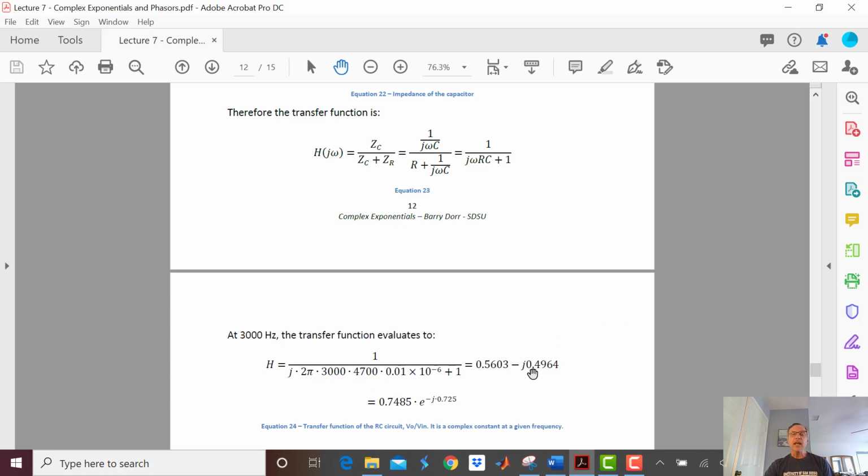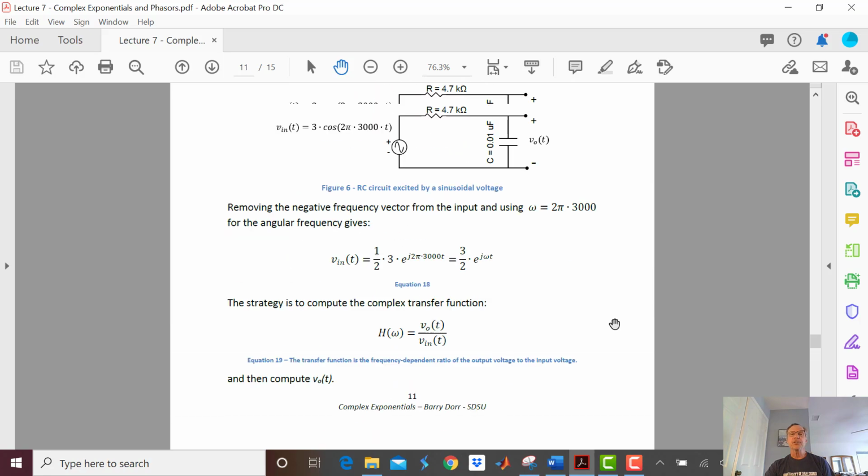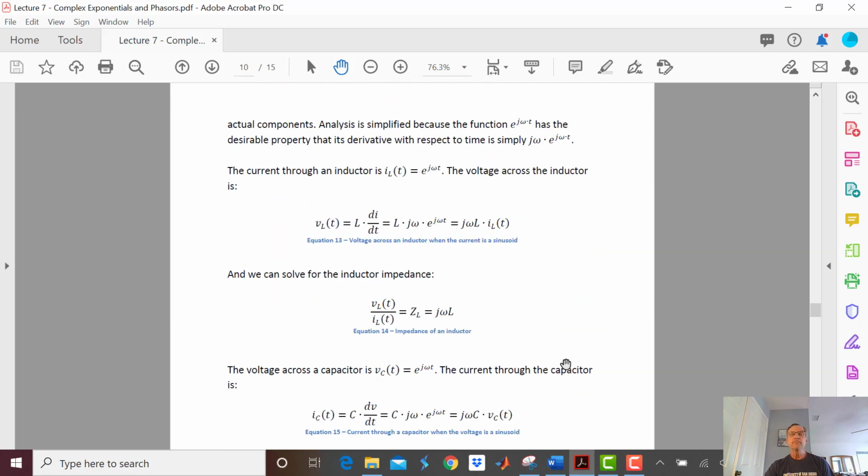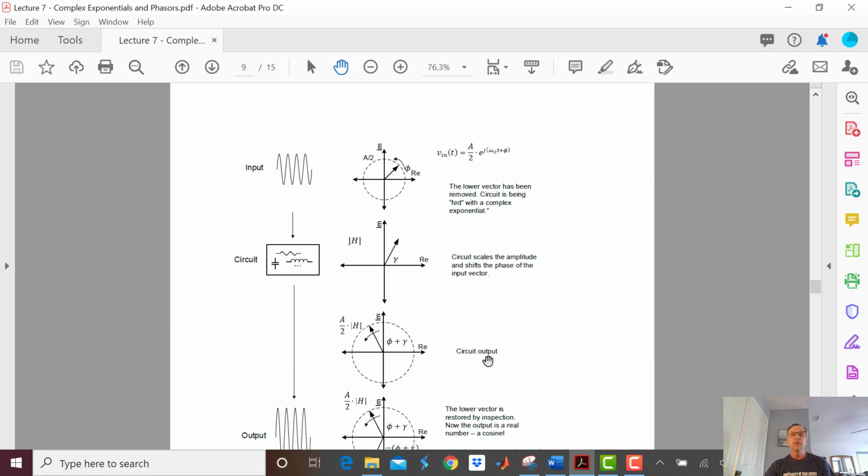Let's look at H on our previous pictures. Here's H right here. Here is that complex constant. It has a real part, it has an imaginary part. It's constant at a specific frequency, and we just calculated it. And it is what the circuit does.